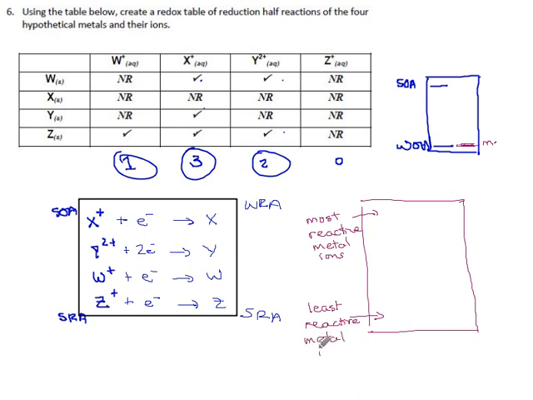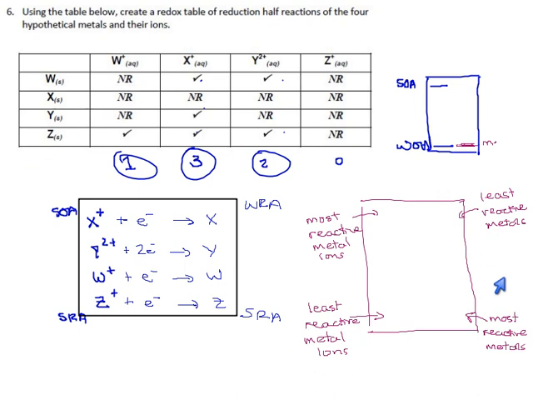So you can look at the ions like I did and build your table on the left side. The other option you have is you can look at the metals and you could say the most reactive metals will be found in the bottom right of the table. And as you work your way up the table, you get to the least reactive metals. You may not want to carry both of these versions around in your head, but if you do know them both, it is a good thing.